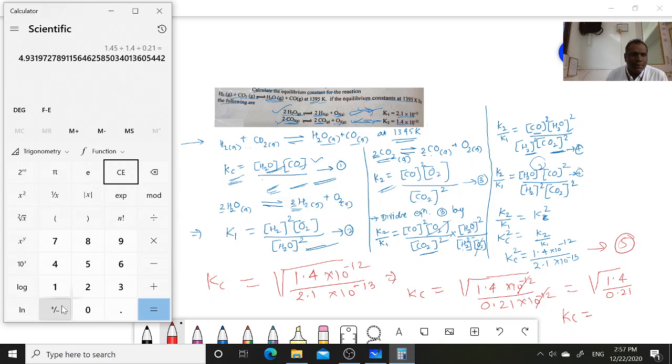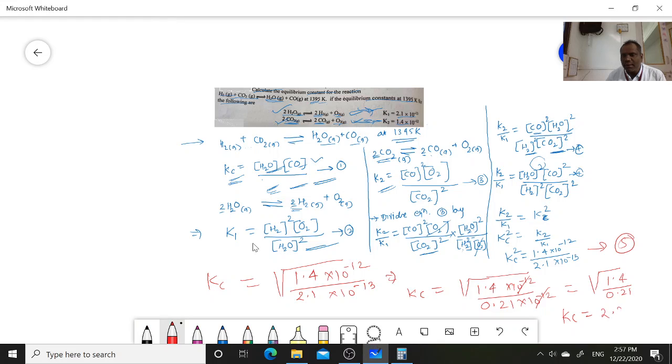The value will be 2.22. 2.22 will be the equilibrium constant for this reaction. The value comes out to be 2.22.